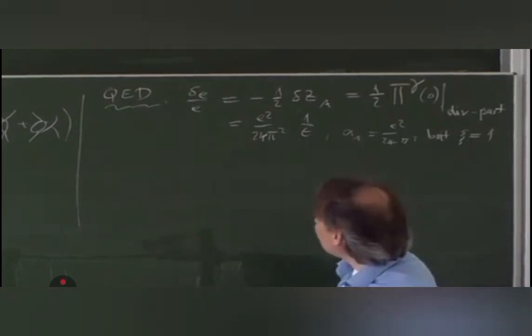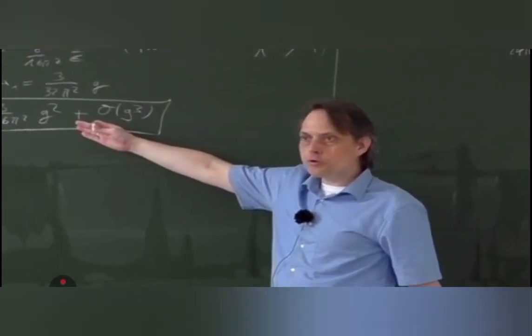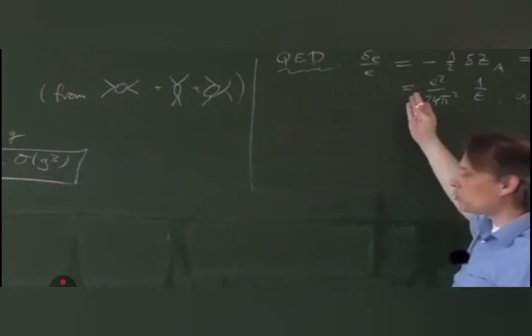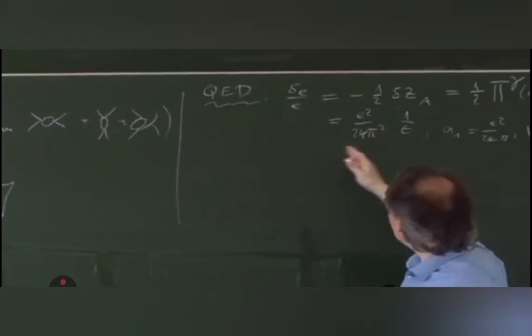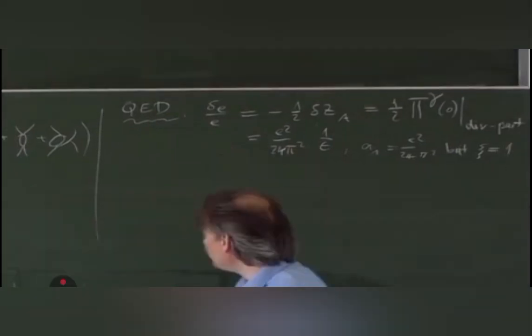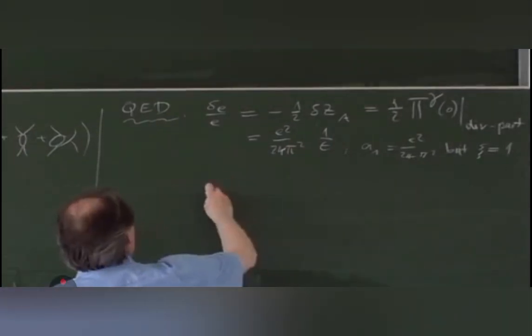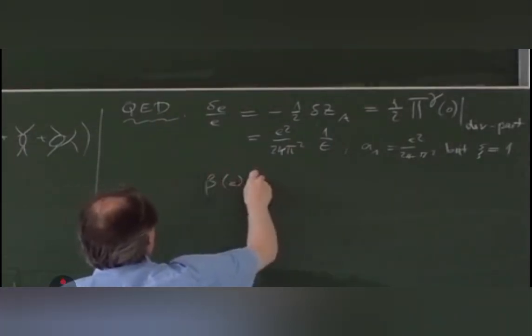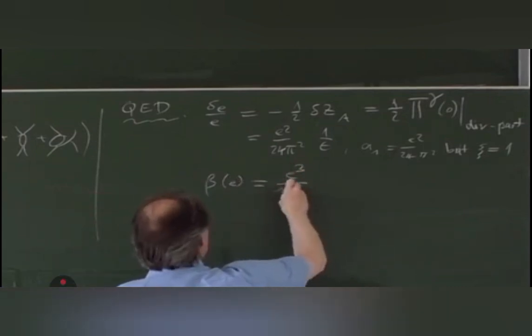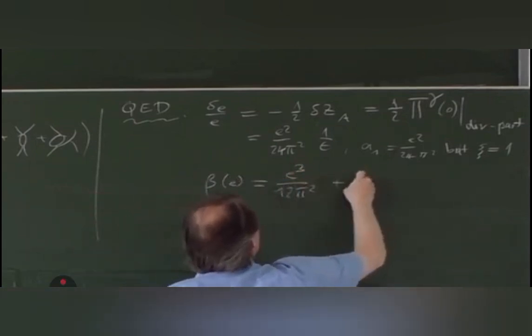I explained to you yesterday that in φ⁴, for each loop there is 1 power of G. In QED, for each loop there are 2 powers of E. And therefore, that explains this ψ equal 1 versus ψ equal 2. Okay, and then the beta function, epsilon independent, is E³ divided by 12π² plus higher orders.